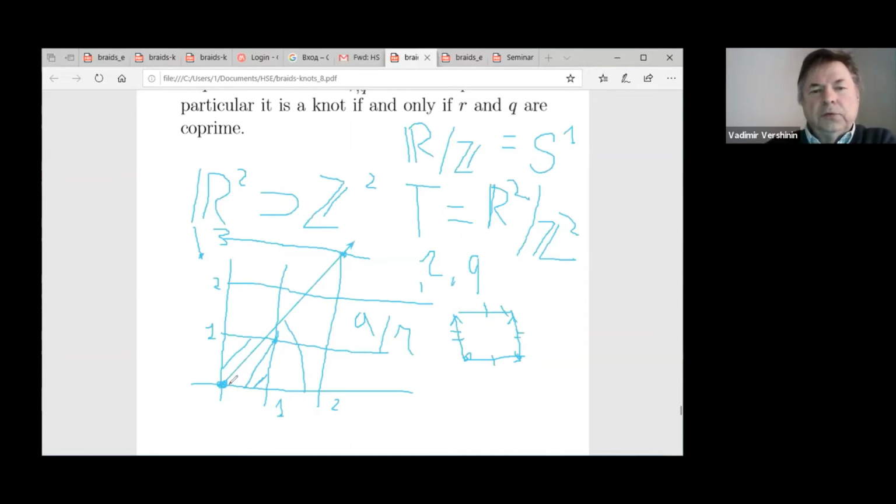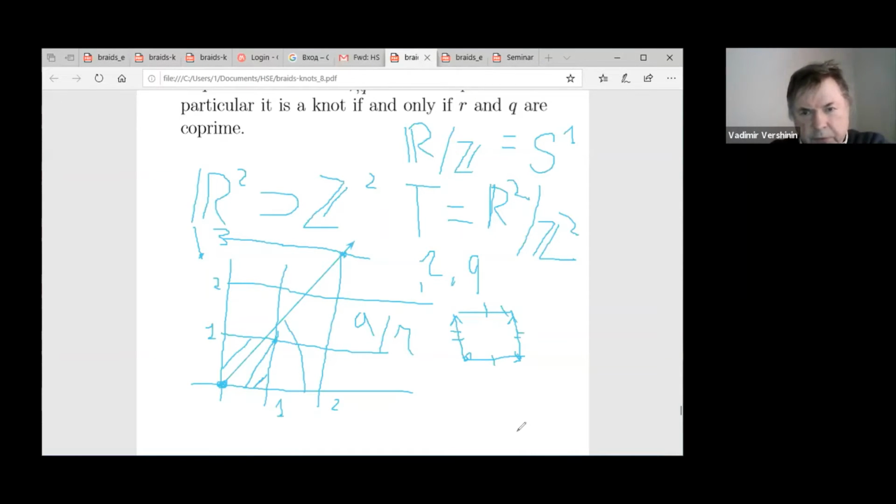If we make drawings, then it will be a knot in the torus, right? And in particular, we get 2, 3.